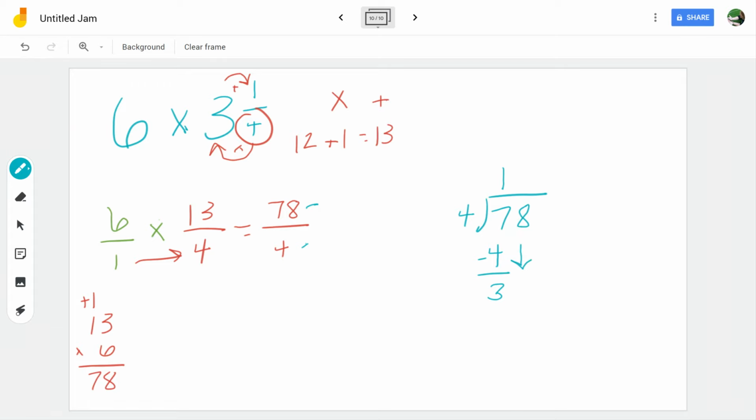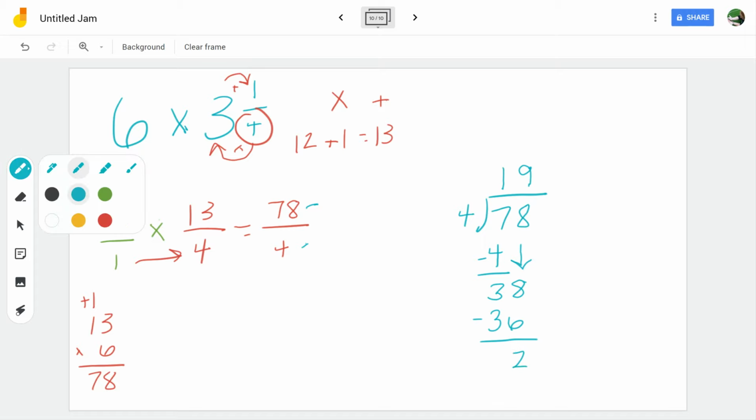You can't do 4 divided by 3, so we're going to drop down the 8. And 4 goes into 8 how many times? 4 goes into 8 9 times. And 9 times 4 is 36. And 38 minus 36 is 2.